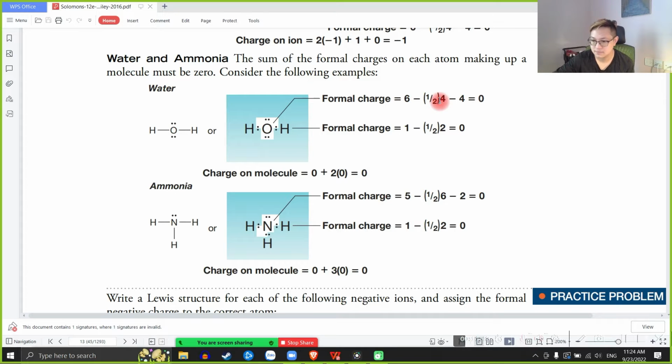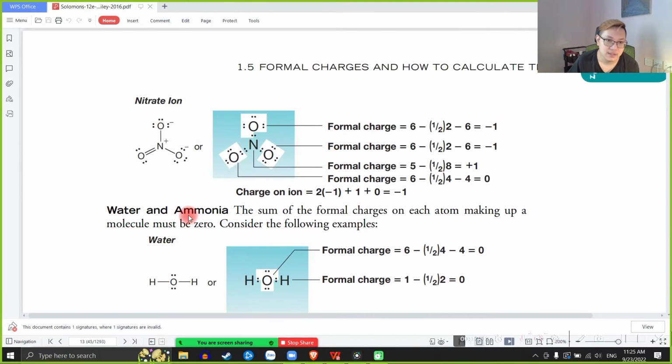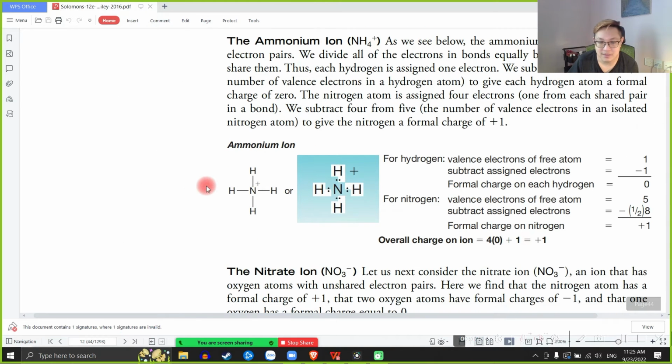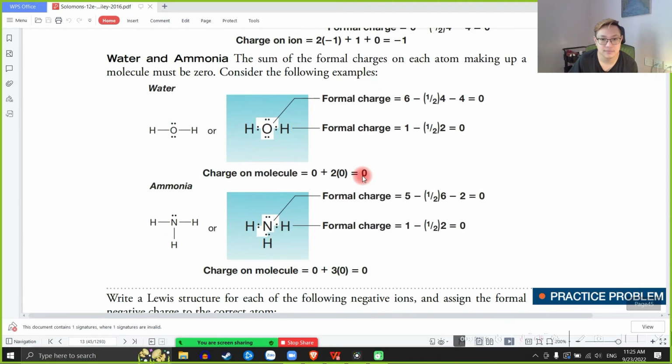So it will be 5 minus half of 6, and minus 2, it will be 0. And for hydrogen, 1 valence electron again, and just 2 electrons to share with nitrogen. So 1 minus half of 2 will be 0. So no charge for that one too. Exactly. So ammonia, and we have ammonium ions here. Of course ammonium has a charge, but ammonia doesn't.